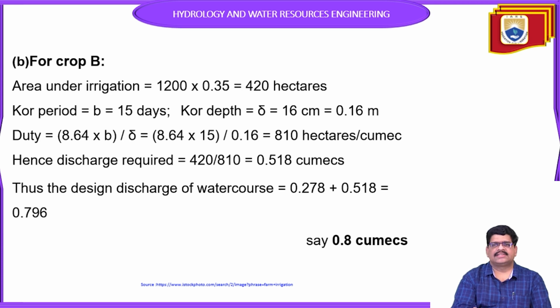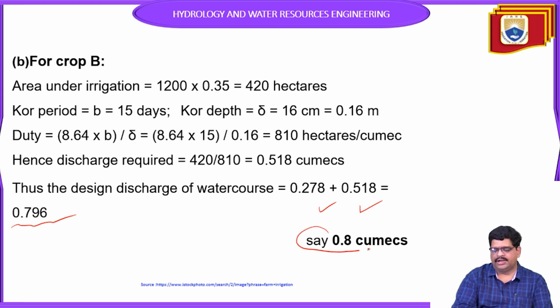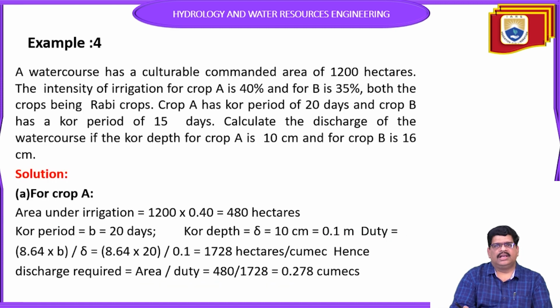Next, thus the design discharge of the canal has 0.278 plus 0.518. Adding these, it is equal to 0.796. The design discharge can be taken as 0.8 cumecs of water flowing through this left side of the canal.